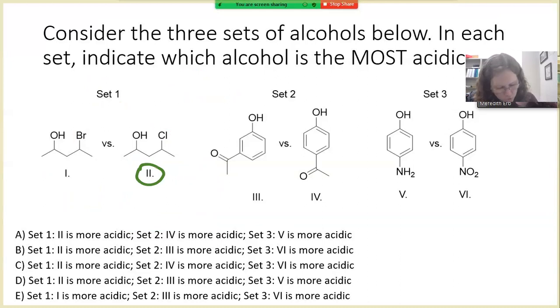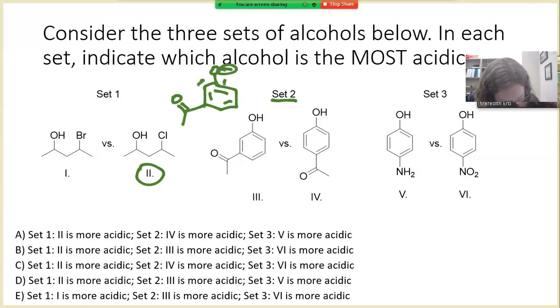So set number 2 really comes down to resonance. So if we draw out what our conjugate base is, we have this guy, right, where our acetyl group is out on the 3 carbon.